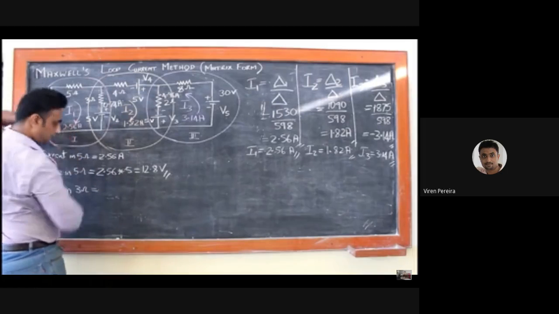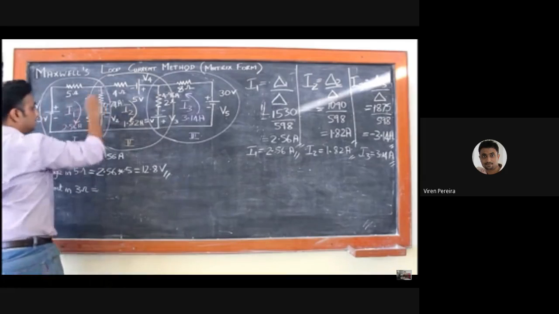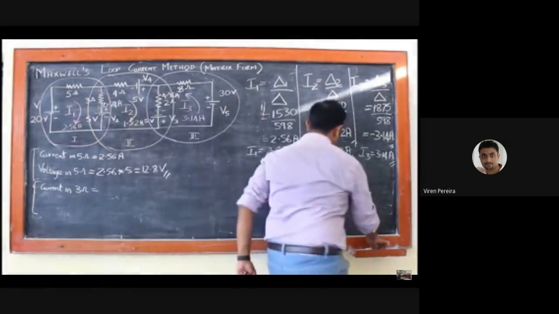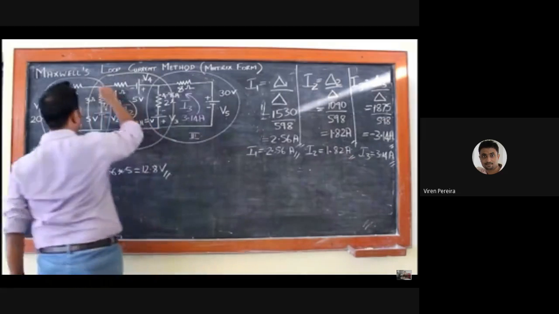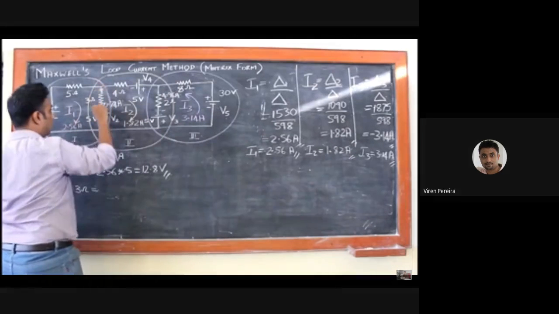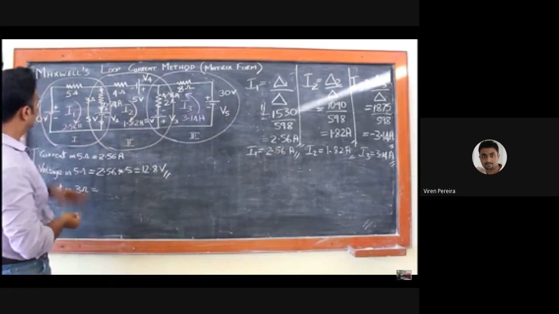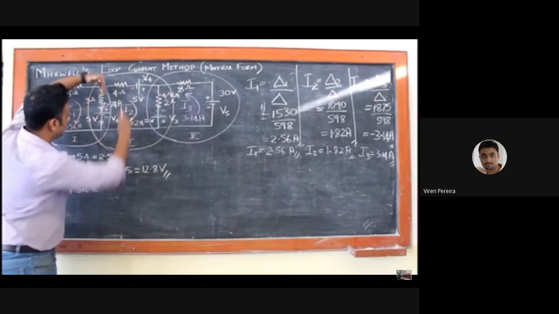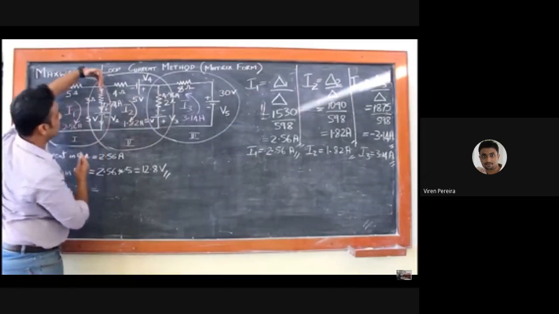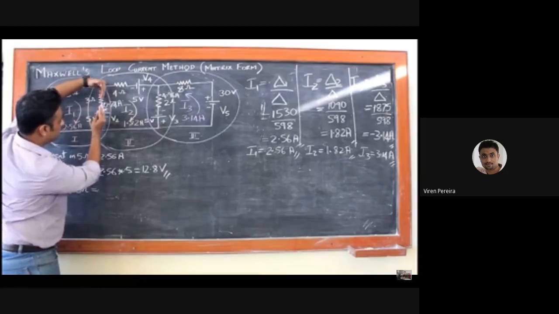I1 is greater, so the direction it will follow will be from top to down. Because I1 is greater, it will be I1 minus I2. We have I1 here and I2 coming from here.